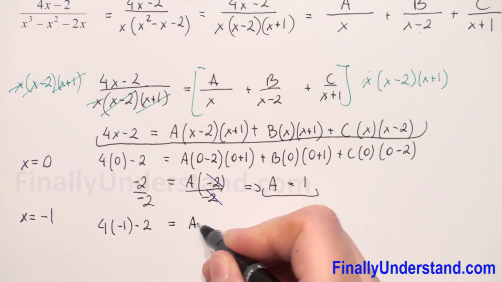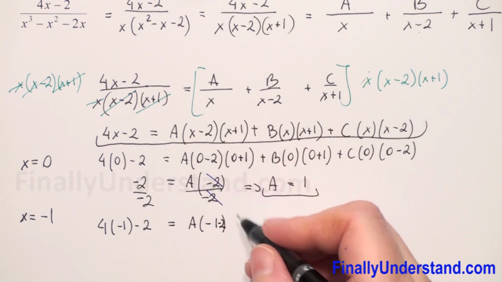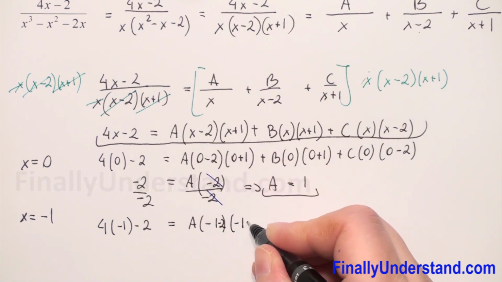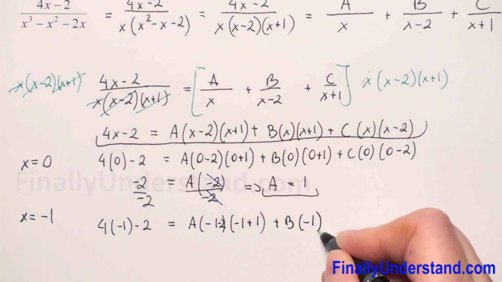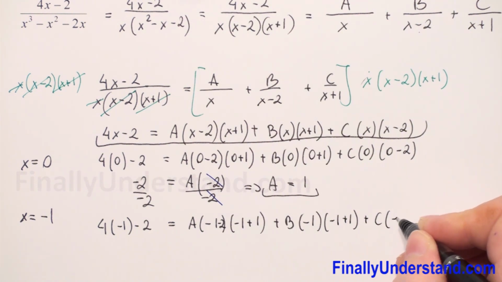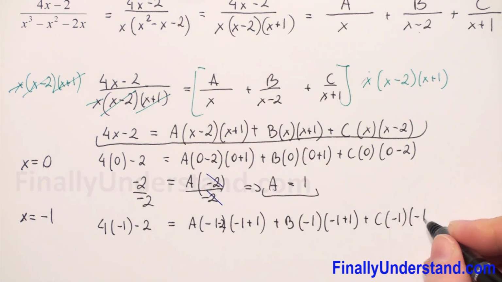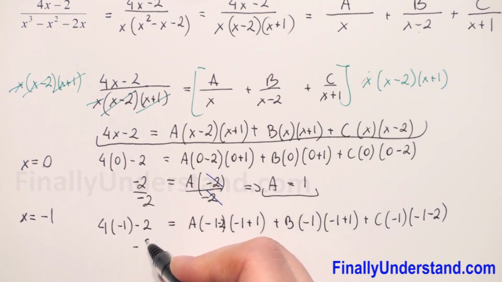This is equal to a times negative 1 minus 2, of course, I forgot, and negative 1 plus 1, plus b times negative 1, negative 1 plus 1, plus c times negative 1, negative 1 minus 2. So 4 times negative 1 is negative 4, minus 2, so it will be negative 6.